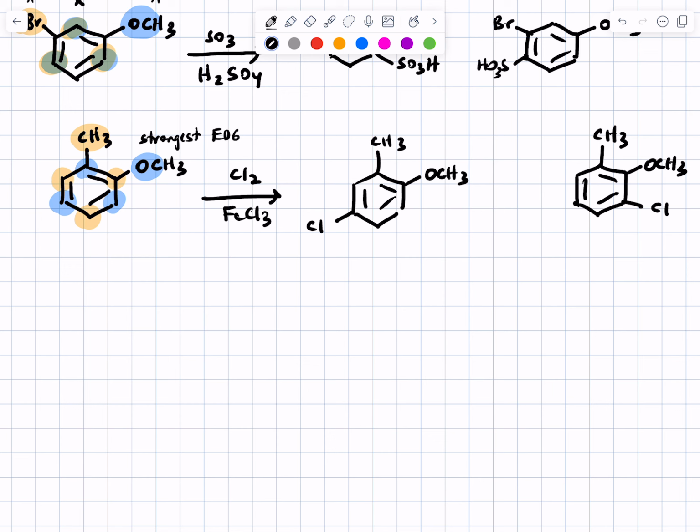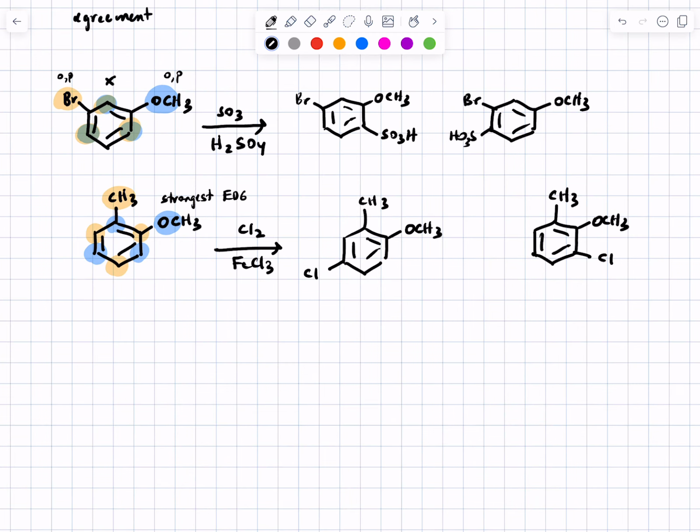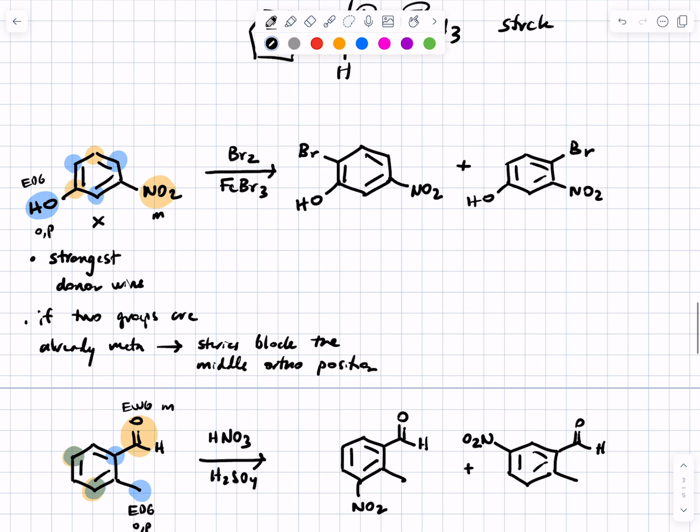Okay, others? Yeah. How do you know if a donating group is stronger than a withdrawing group? You don't. The donor wins. Yep. You don't have to rank donor groups versus withdrawing groups. The donor wins.